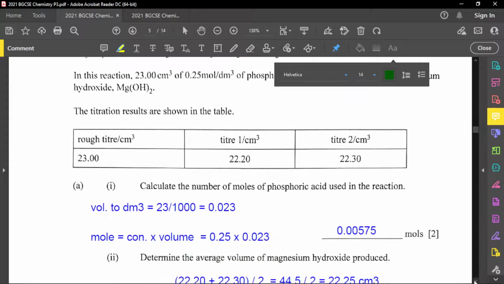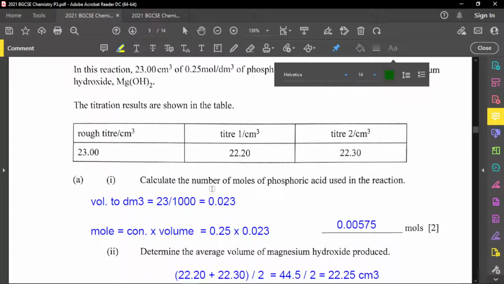And so our first question, part A1, is to calculate the number of moles of phosphoric acid used in the reaction. To find this, you go back up into your question here. I'm going to highlight for you right here. You have the volume and you also have a concentration. Once you have those two, you can find the moles, because moles is equal to concentration times volume.